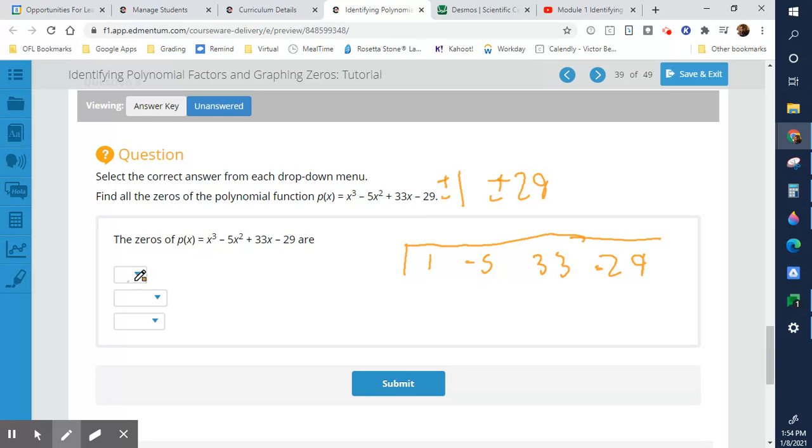So we're going to do a 1 here. We're bringing down the 1. 1 times 1 is 1, so that's -4. This is -4, which ends up being -20 or +29, derp, which is +29, which makes this 0.